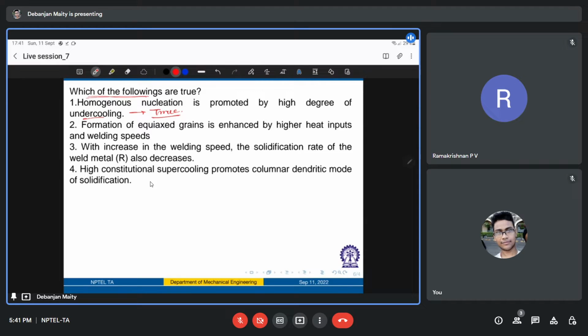And then it says that formation of equiaxed grains is enhanced by high heat inputs, and this is also true. Whenever your heat input is higher and also welding speed is higher, you end up with equiaxed.